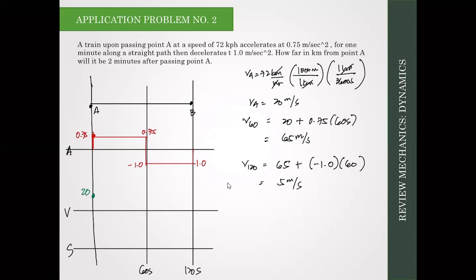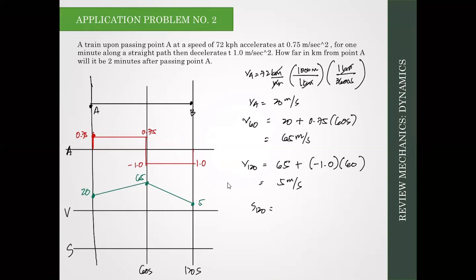So ano yung itsura niya doon sa graph natin? So dito magiging siyang 65, and dito magiging siyang 5. Okay? So since rectangle yan, triangle yung kasunod. Ayan. Okay? So pinapahanap ngayon is si S120, no? Si SB. Okay? So meron tayong velocity graph. So kunin lang natin.